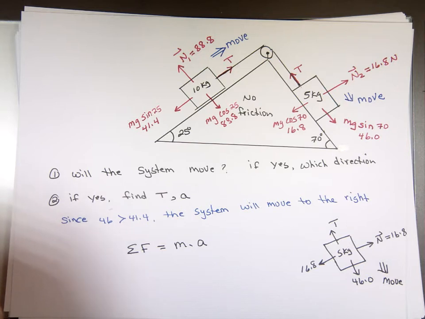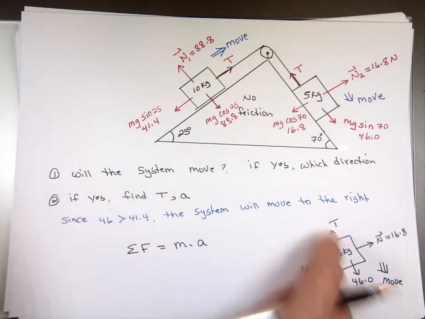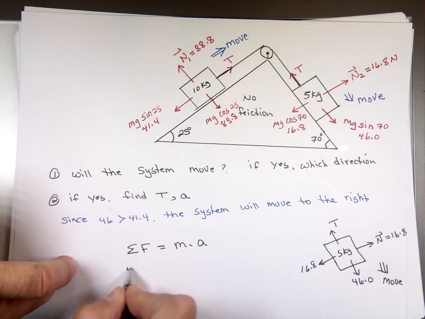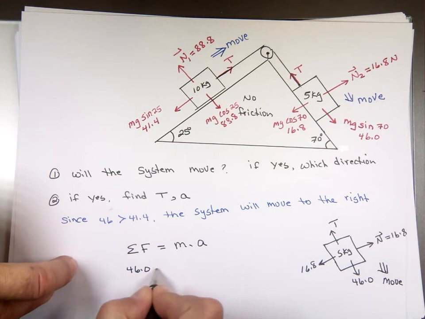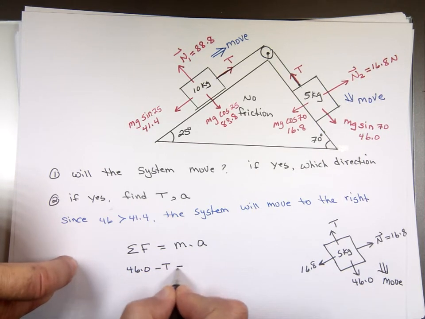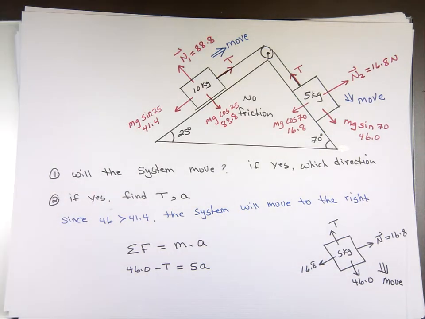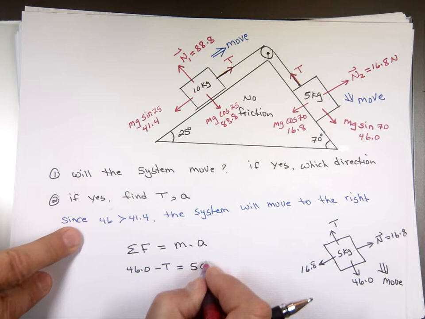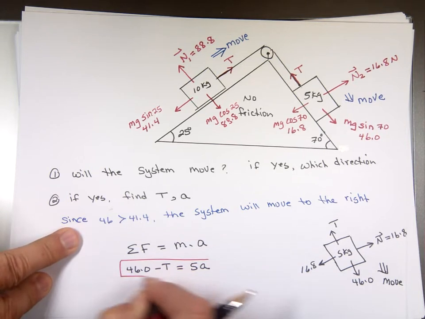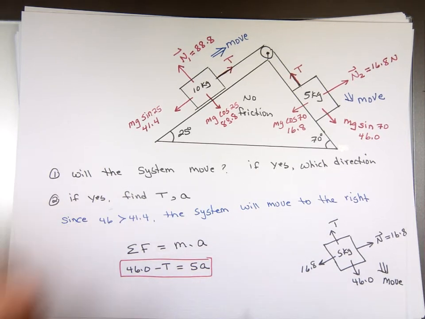It's not the weight, it's the 46, minus T. So 46.0 minus T is equal to 5 times acceleration. How many unknowns in that one? 2. Now let's look at that one.